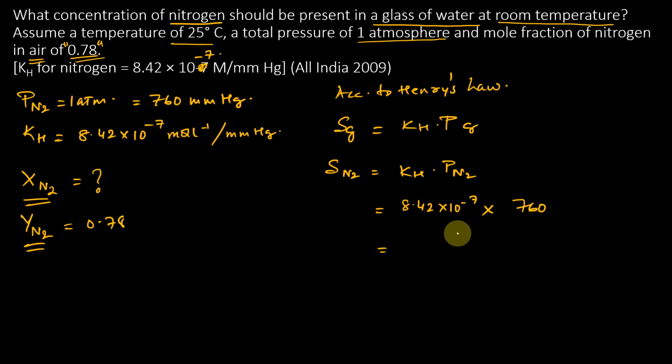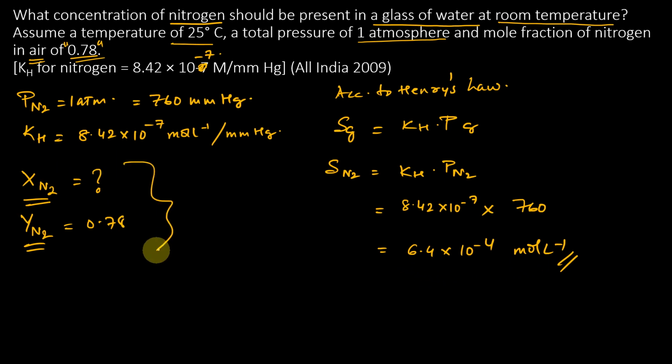This is the pressure of nitrogen. 6.4 into 10 to the power minus 4 मोल पर लीटर. तो काफ़ी कम है, ये तो बहुत ज़्यादा कम है. तो solubility of nitrogen in water is 6.4 into 10 to the power minus 4 mole per liter. Okay, clear. So next question.